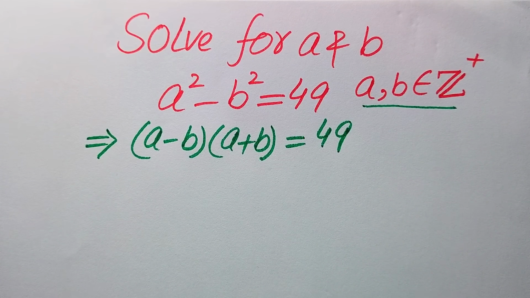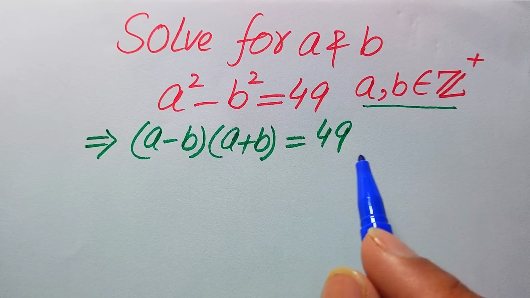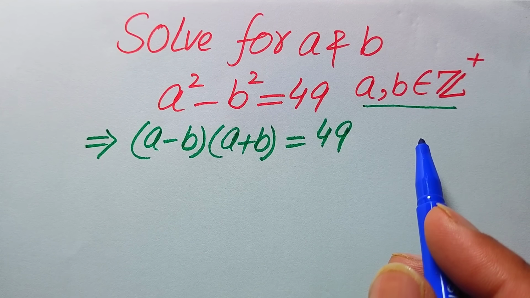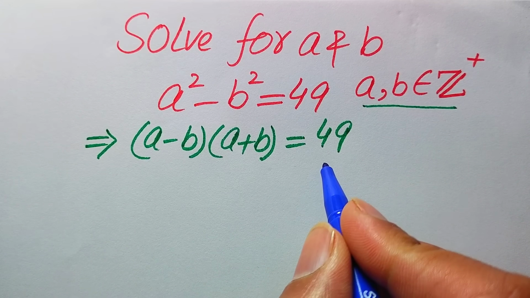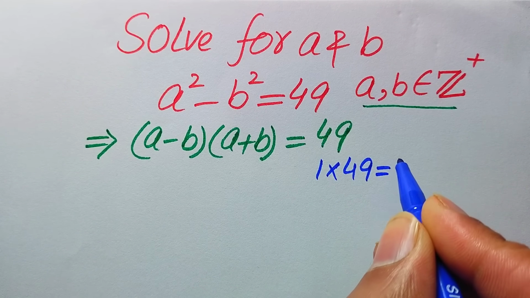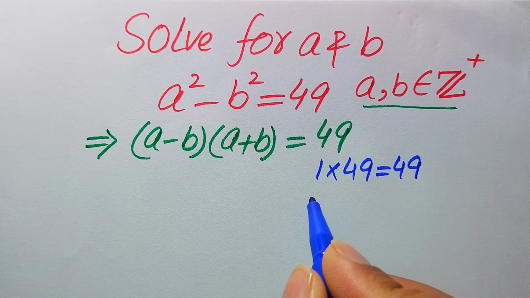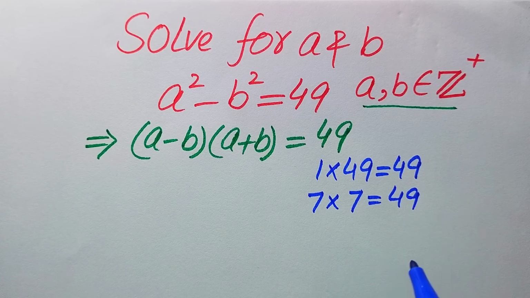So you see here in the left hand side we have two factors multiplied by each other, but in the right hand side we have only one factor, that is 49. So we need to find any two positive integers whose product is 49. Okay, the possibilities are 1 multiplied by 49 equals 49, and 7 multiplied by 7 becomes 49.